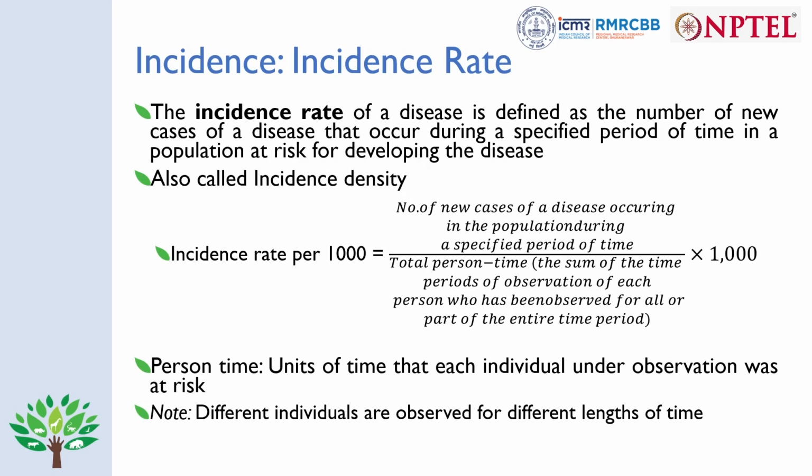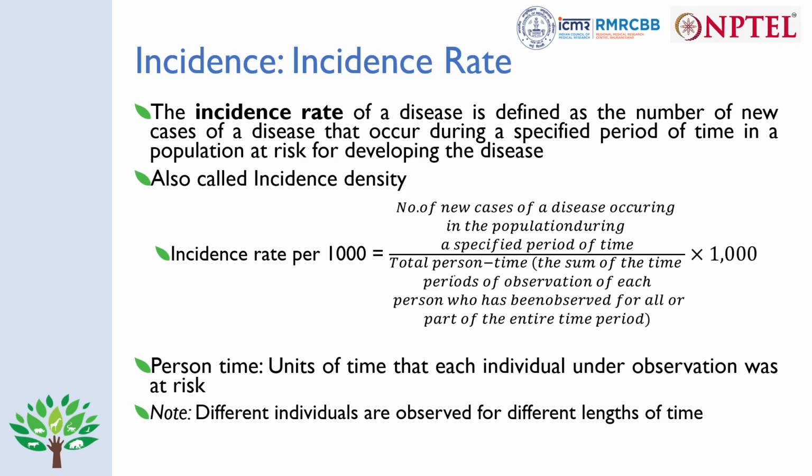Whereas incidence rate, which is also known as the incidence density, is defined as the number of new cases of a disease that occur during a specified period of time in a population at risk of developing the disease. So the incidence density or rate per 1000 is equal to the number of new cases of a disease occurring in the population during a specified period of time divided by the total person time.